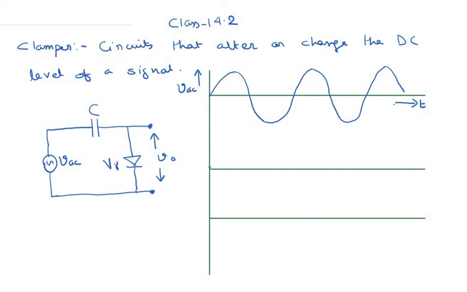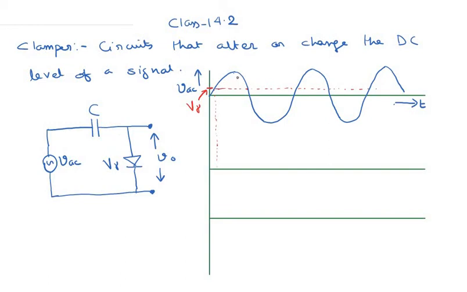Let me draw a horizontal line over here to represent V gamma. We'll draw with a different color. So this horizontal straight line denotes our V gamma, which is the cut-in voltage of the diode. Once the sinusoidal input surpasses the value of V gamma, or the input voltage increases beyond V gamma, then current starts to flow through the diode and the capacitor starts to charge up.